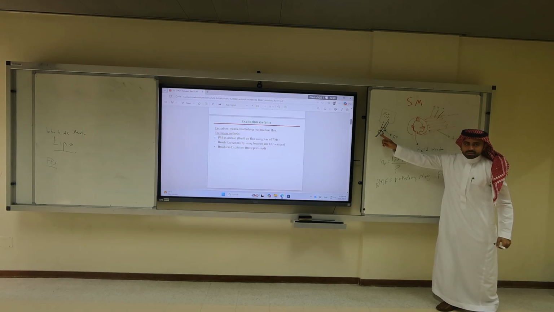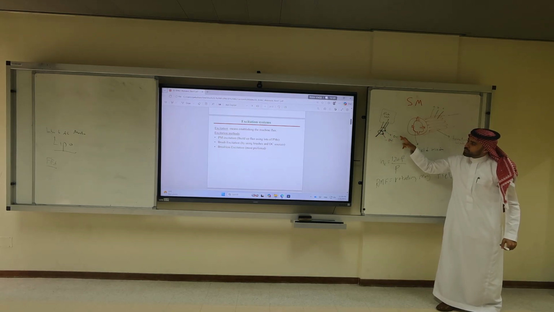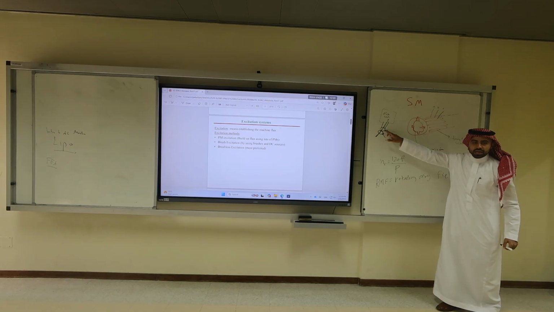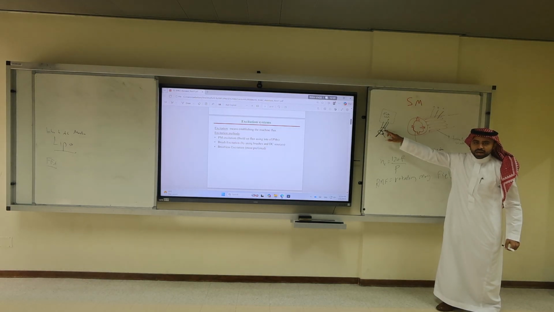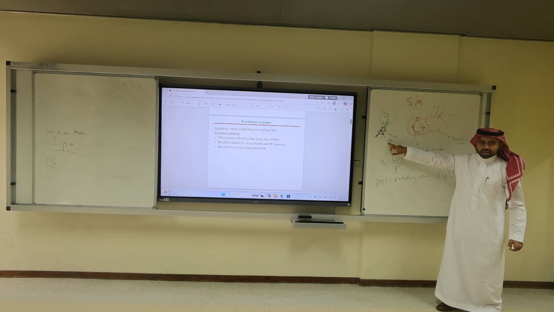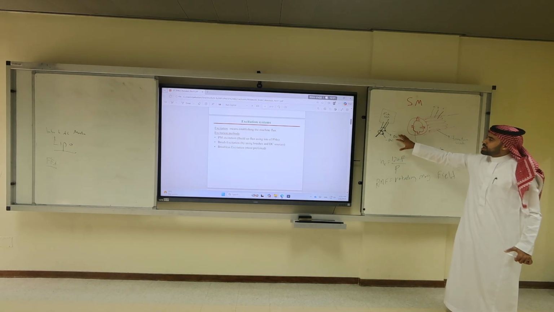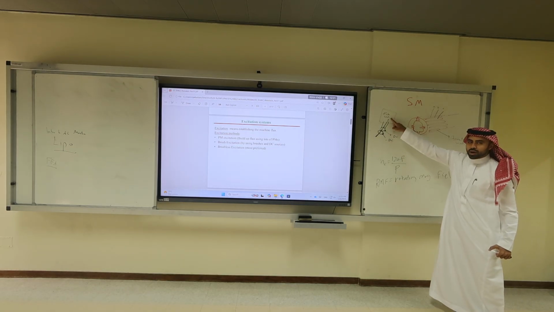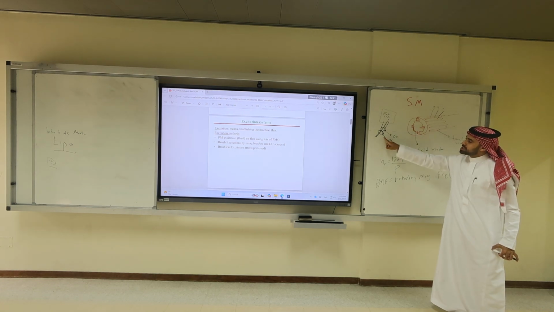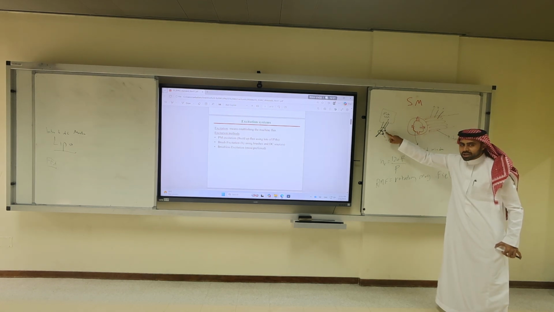Even if it rotates, I ensure that some of the windings are connected to positive DC all the time, and the other windings are connected to negative DC. This way, you ensure that you're exciting the rotor windings all the time using the slip rings and the brushes.